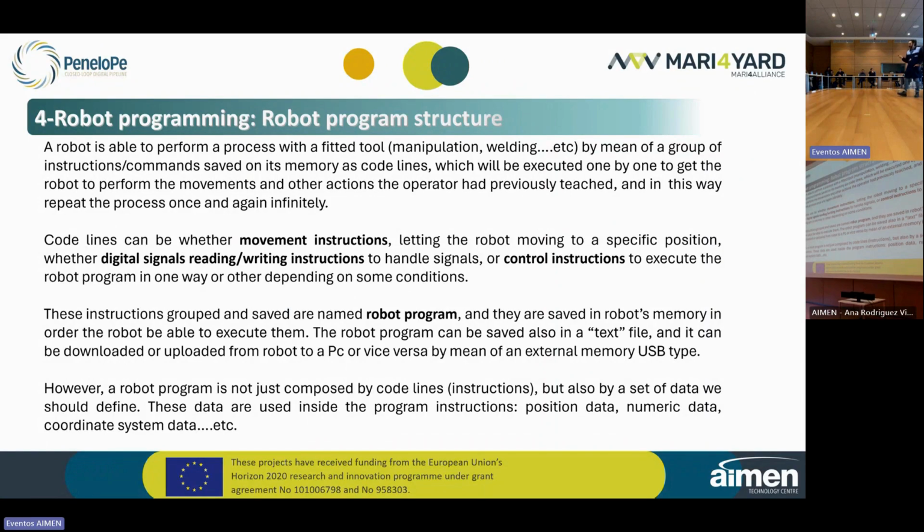But we also have the possibility to take this program as a file, usually a text file, and download it to, for example, a USB external memory, to handle it on our own computer, to modify it or just to check something in the robot program while the robot is performing the process.